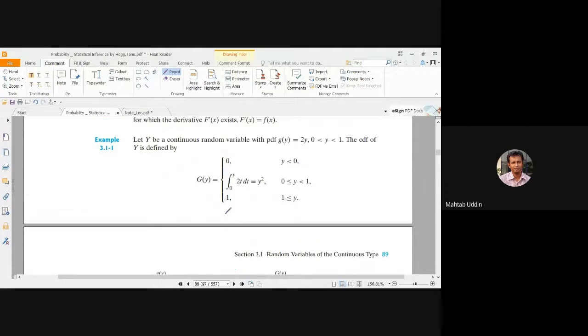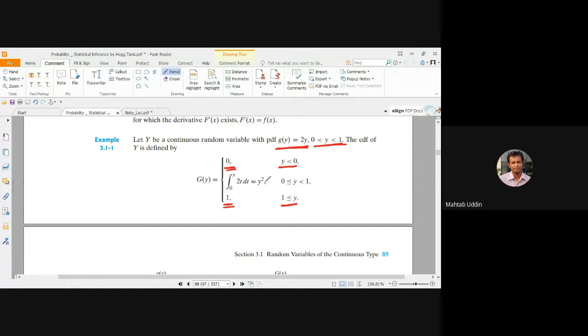Let Y be the continuous random variable with PDF twice y, and the interval is 0 to 1. So the lower limit is 0, upper limit is 1. That's why before entering the given interval, it is 0, and after completing the interval, it is 1.